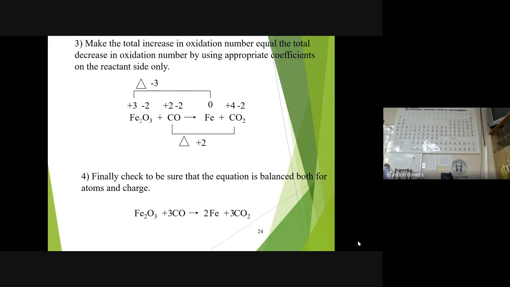Make the total increase in oxidation number equal the total decrease in oxidation number by using appropriate coefficients on the reactant side only. Okay. Make the total increase equal the total decrease.